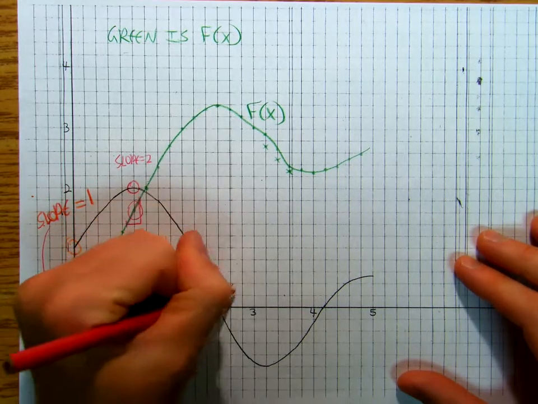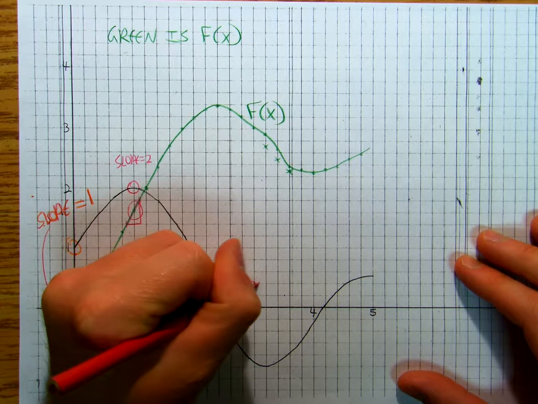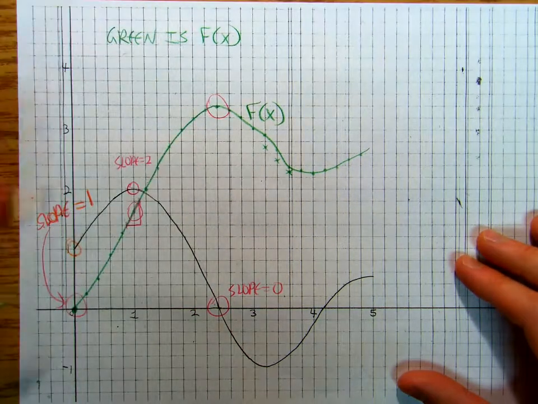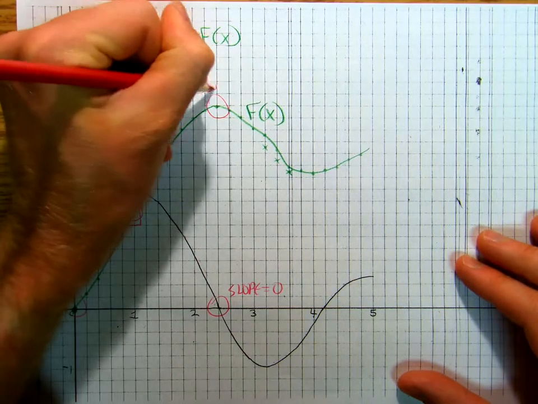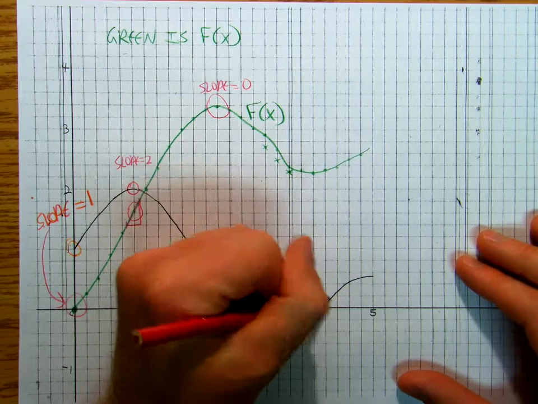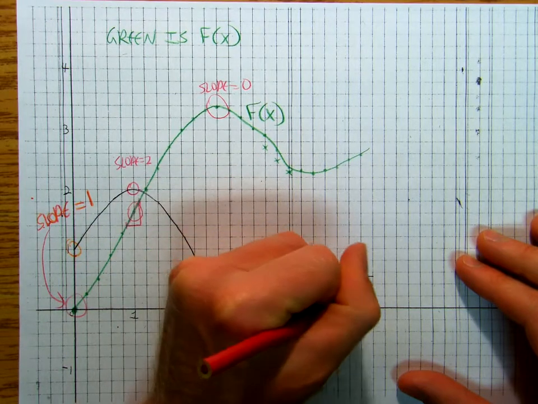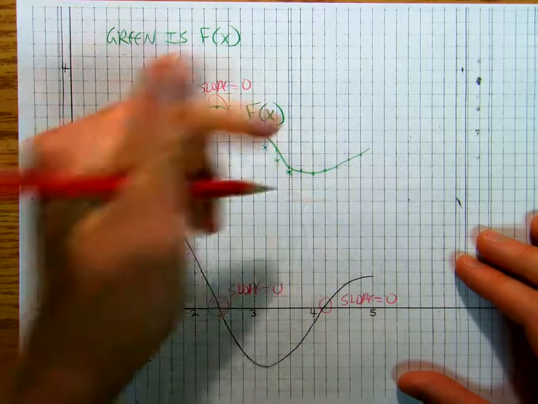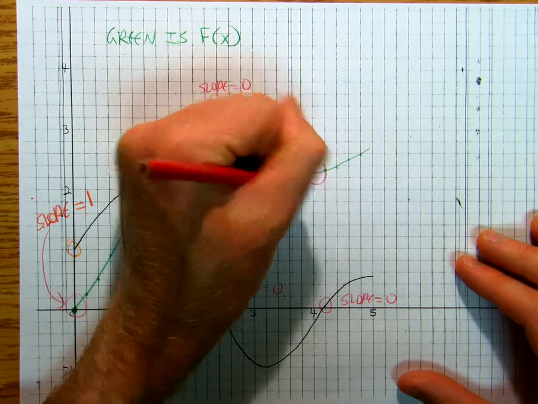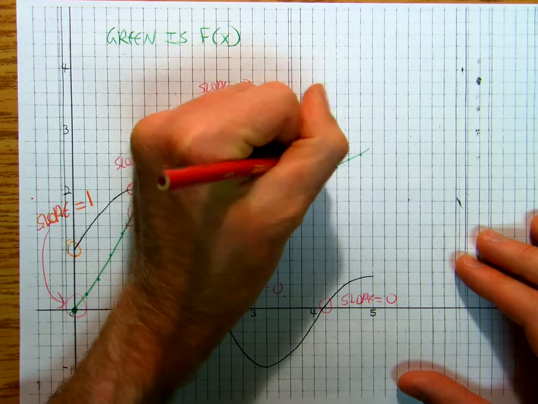Okay, now at 0, if you go up here, I see slope equals 0. Once again here, slope equals 0.